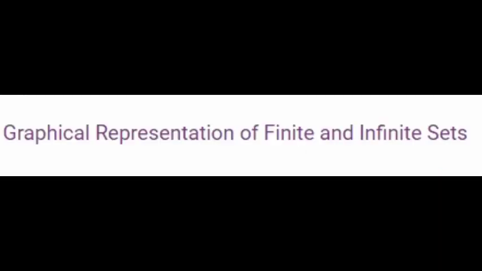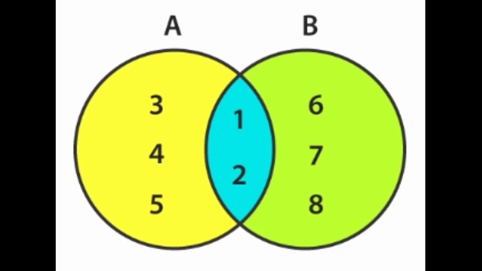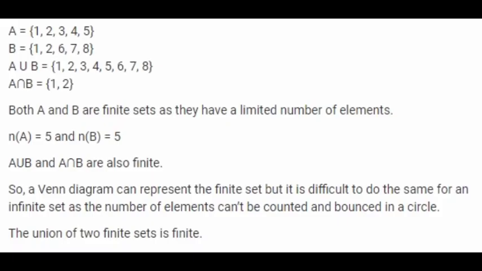Here's a graphical representation of a finite and infinite set. Set A is equal to 1, 2, 3, 4, 5, and set B has 1, 2, 6, 7, and 8. Now, A union B is equal to 1, 2, 3, 4, 5, 6, 7, and 8.